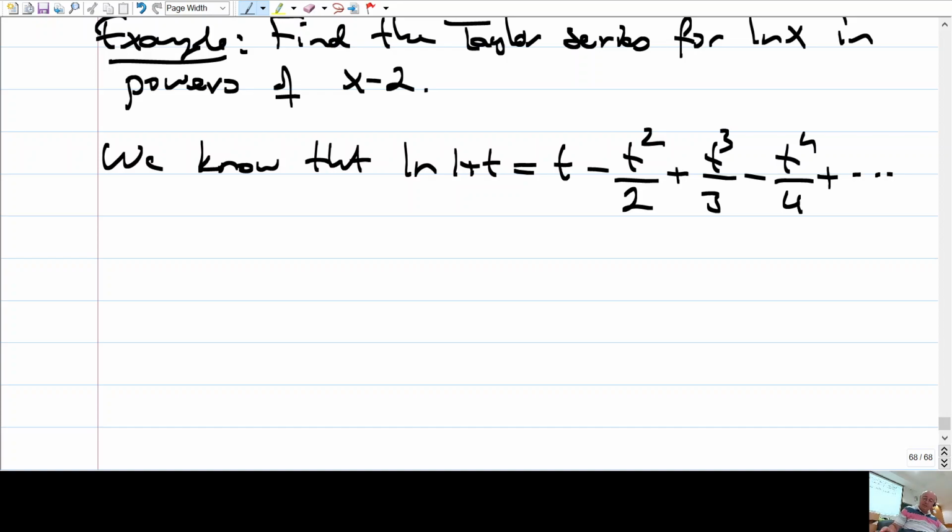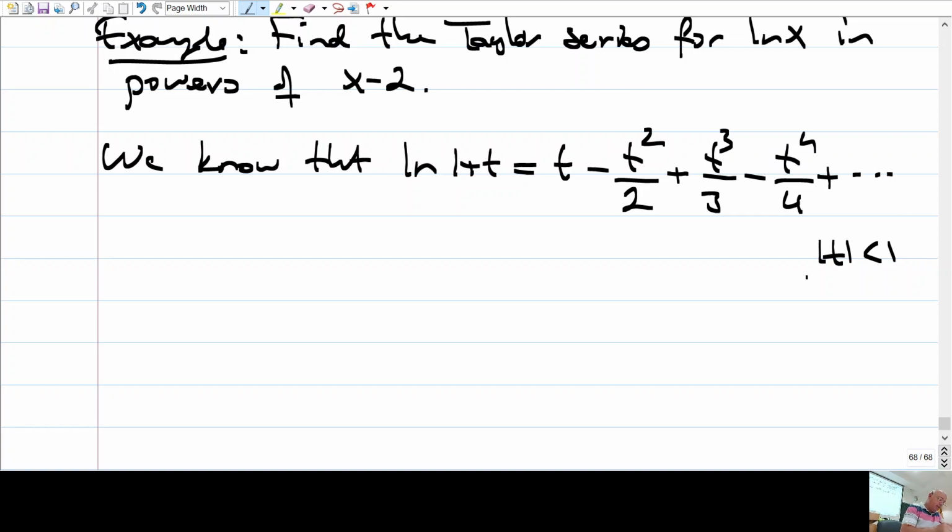So I have this. I need to write ln x in powers of x minus 2. So here t was how much? t was less than 1 in absolute value, right? Because we started with 1 over 1 minus t.